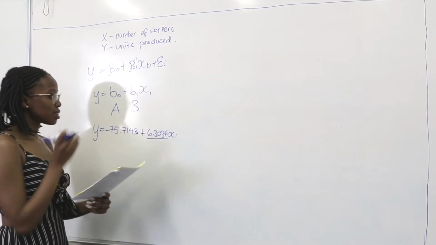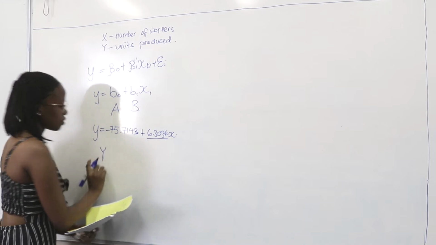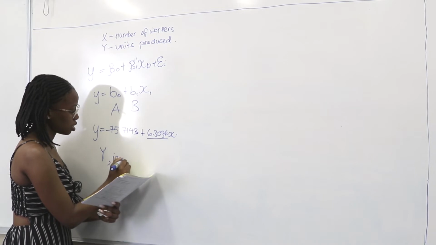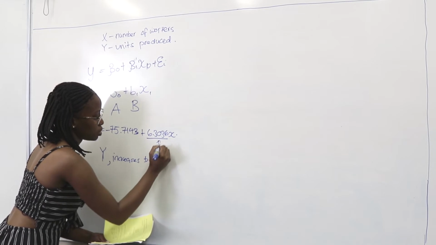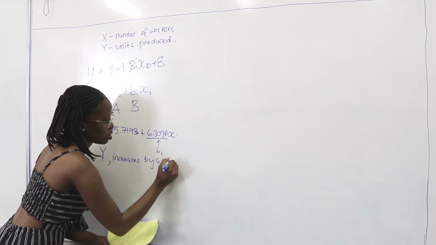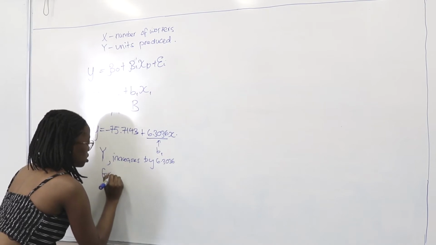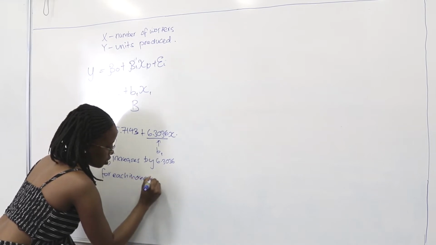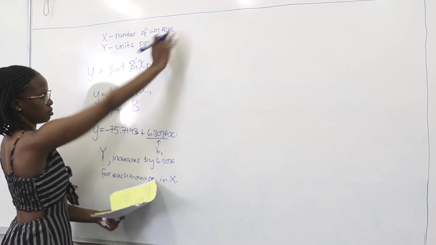The slope means that the number of units produced, which is y, increases by this value, which is the b1, 6.3036, for each increase in x, which is the number of workers. So you can just write that out like that.